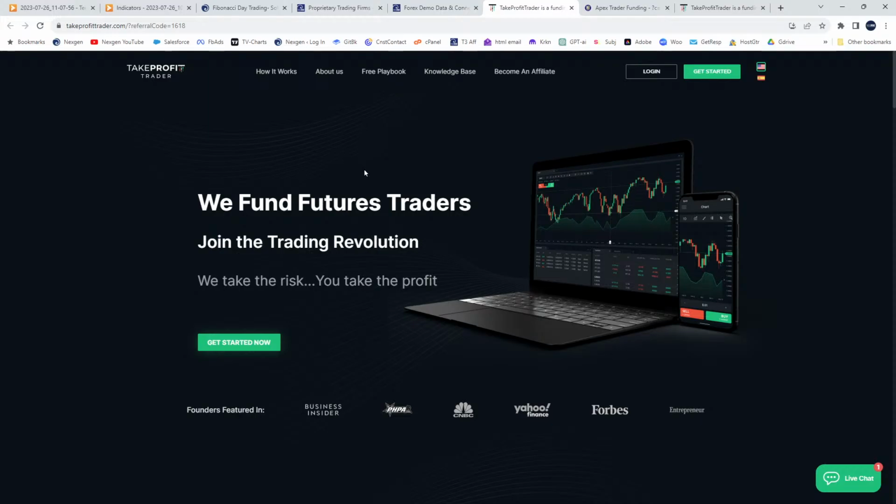You can trade Apex accounts and Take Profit Trader accounts and the other ones. You don't have to just do one prop firm, guys. You can have 3, 4, 5, 10 different prop firms going and use the trade copier. So it's not just pick one and that's the one you get. You can do all of them.